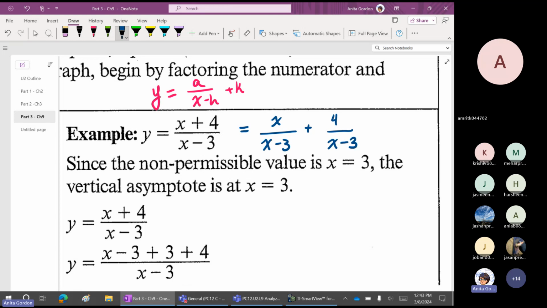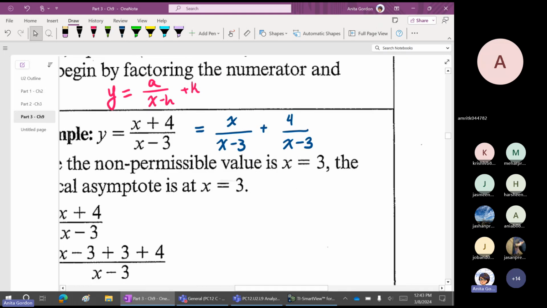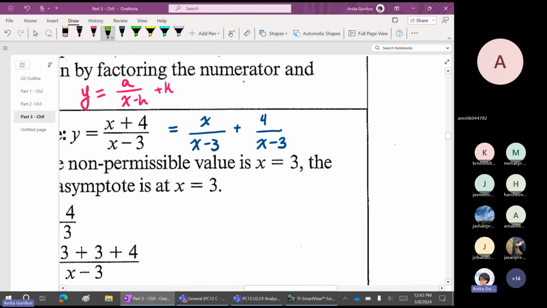I'm also going to do another little side note here. The reason I can do this is because if I have something like 1 over 4 plus 2 over 4, I can write this as 1 plus 2 over 4. This is like the fraction rules you guys learned years ago. Okay, if the denominator is the same, I can split the numerator as long as the denominator stays the same.